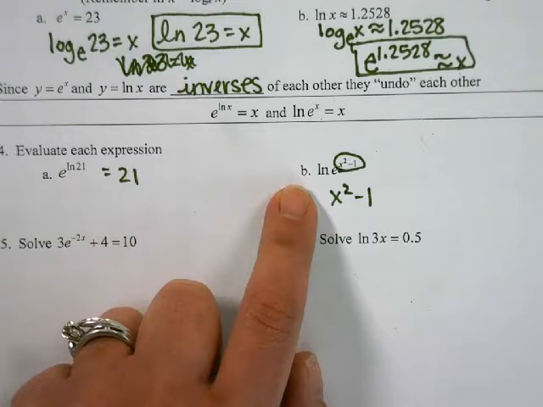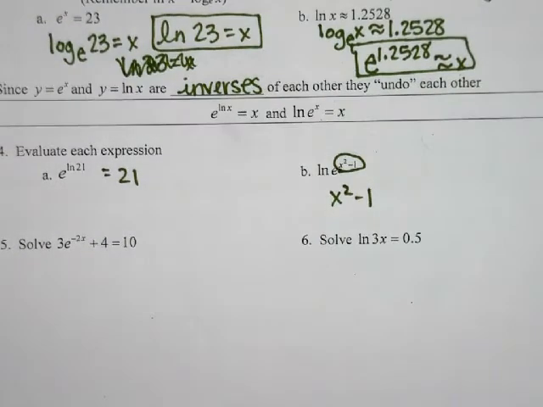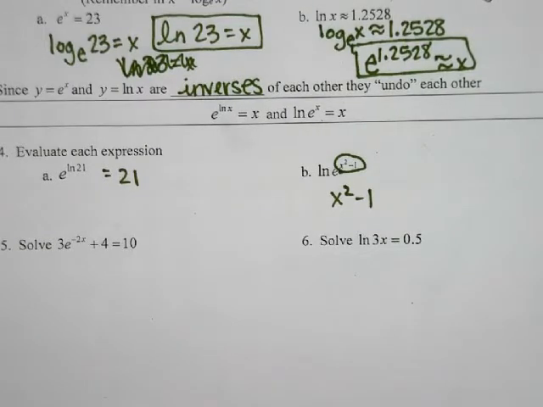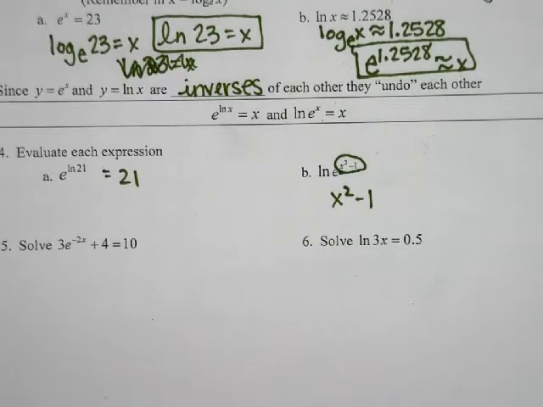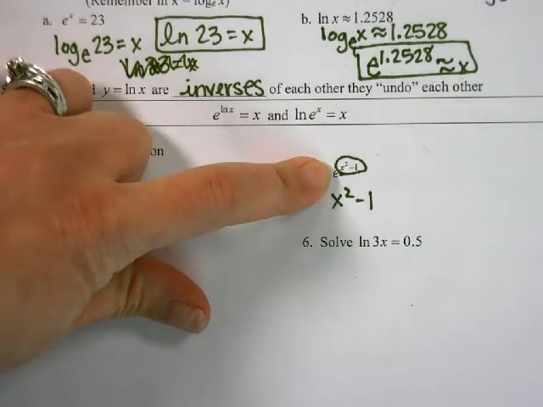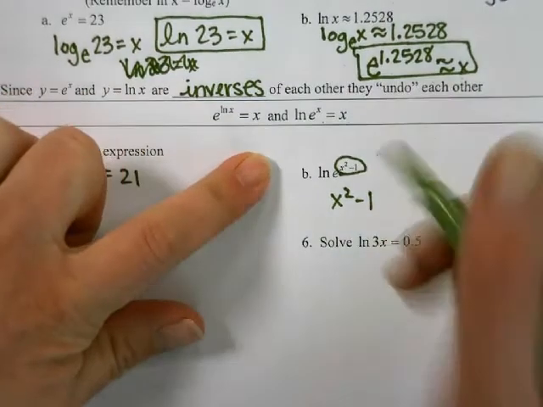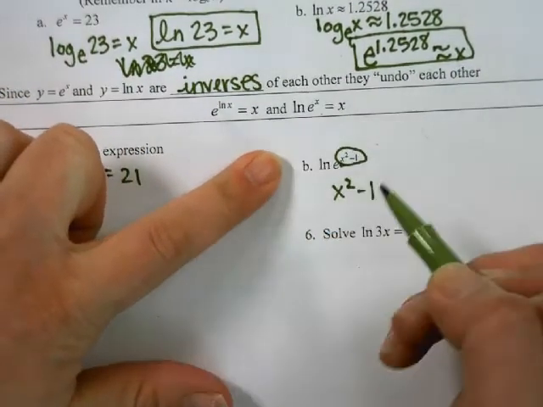What if it doesn't have the natural log? What do you mean? What if it was like log base 10 of e or something like that? Well, no, it has e to the ln 21. And then it has e to the x squared minus 1. So if it just had this, where'd the ln go? Oh, let me show you. Think about your log rules, right?